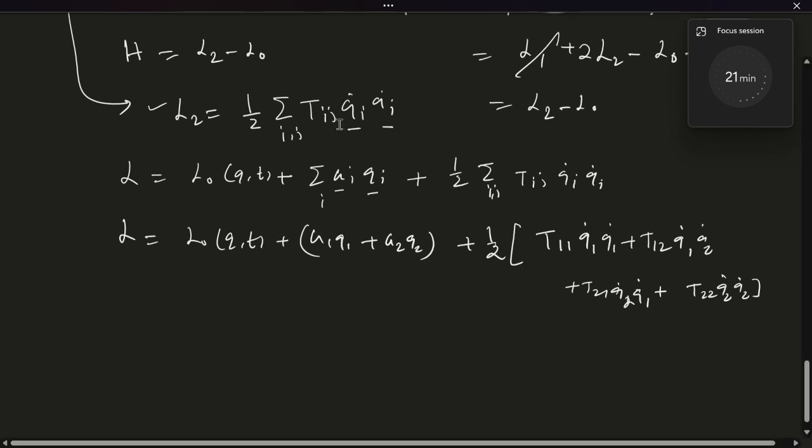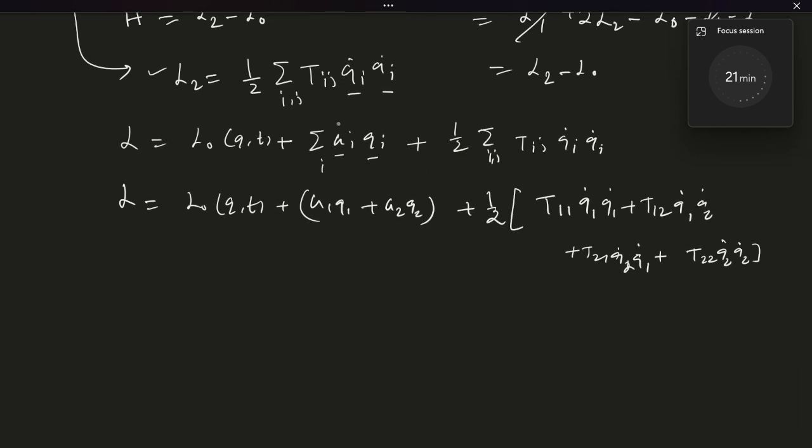You can easily write this in a matrix form also.